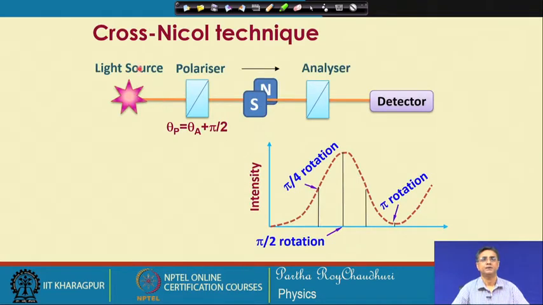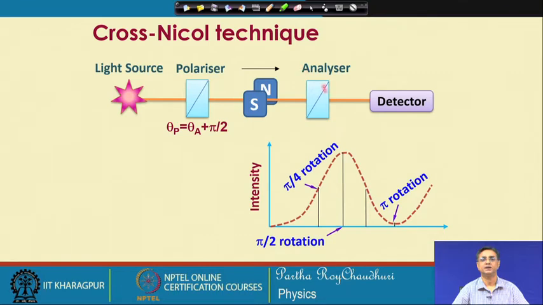In the Cross-Nicol prism technique, you have the source of light, then a pair of Nicol prisms, one the polarizer and the other the analyzer, and a magnetic field perpendicular to the direction of the beam path, and you measure the intensity of the light.